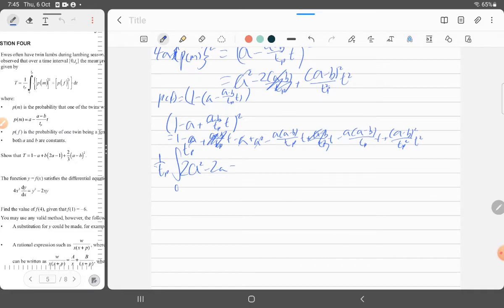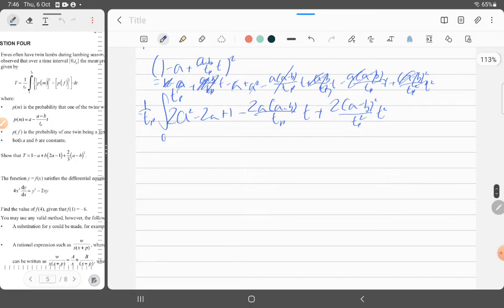Yeah, I think it cancels out at least, hopefully. Plus 1, minus 2A, A minus B over TP t, plus 2A minus B all squared over TP squared t squared, I believe. Cross this out, cross this out. We integrate this with respect to dt.